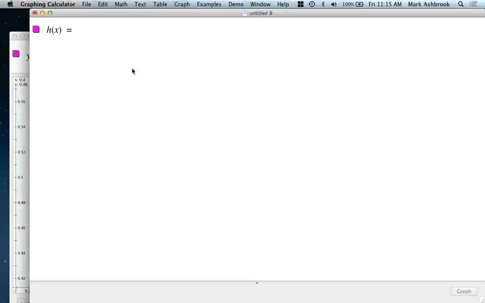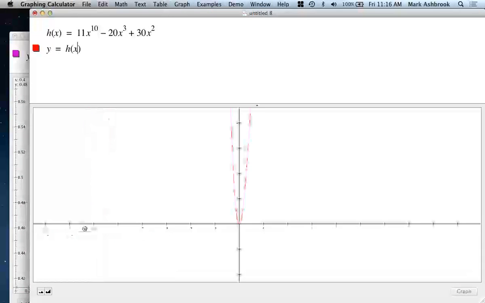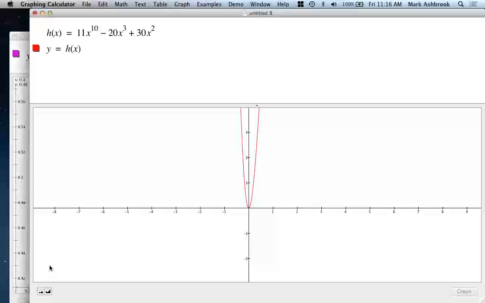So what did we find? 11x to the 10th, plus 0. Okay, great. And so we want to graph that. And let's zoom out here so we can see more aspects of this.